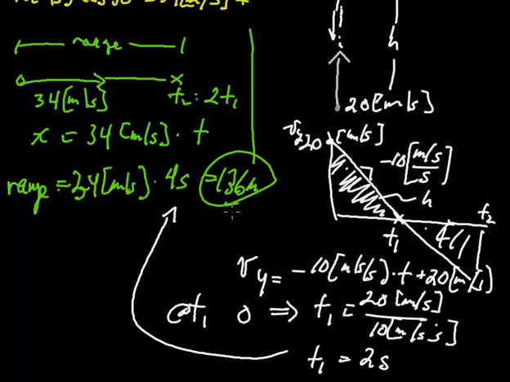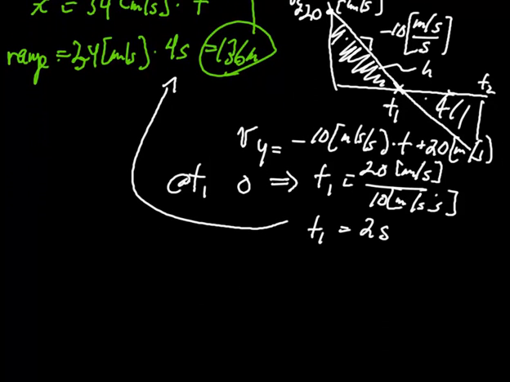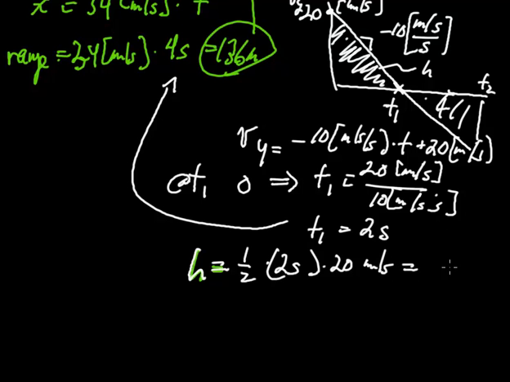We can get the height, again going back to this speed time curve, and it's the area under the curve. So the height is equal to 1/2 the base, which is 2 seconds, times the height, 20 meters per second. The units work out to be meters, and we end up with 20 meters as the height.